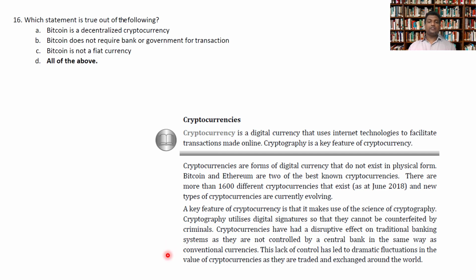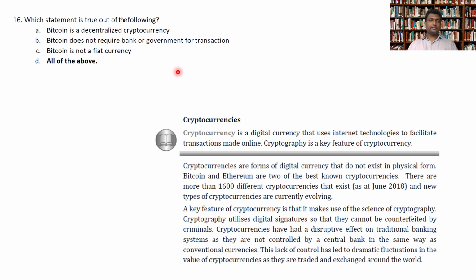So all the currencies that we use, which are fiat currencies, will have the government's effect on them, but this currency does not have any government interventions. So for this question, we can say that all of the above is correct in relation to Bitcoin.